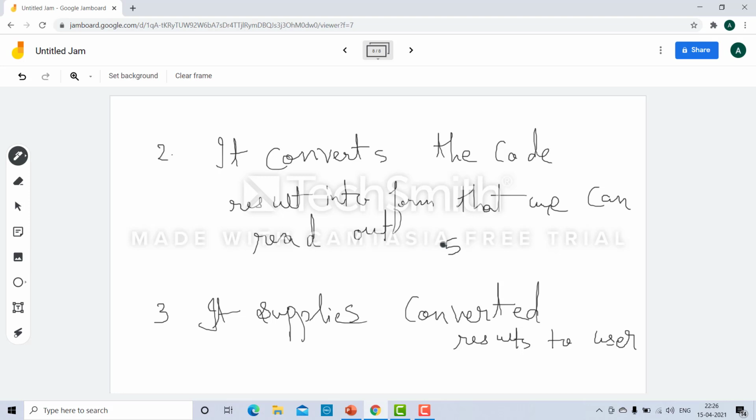Like if we have the answer 5 and if the 5 is given in the form 101, we will not be able to understand, but we will be able to understand 5 for 3 plus 2, isn't it? So this is done by our output units. Then it supplies the converted result to the user, and this supply of this 5 is also done by our computer output unit itself. Okay, so children, that's all for this chapter.